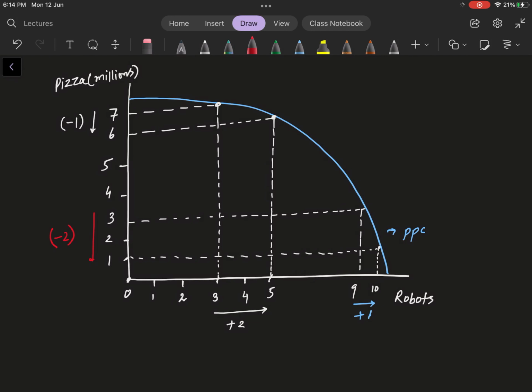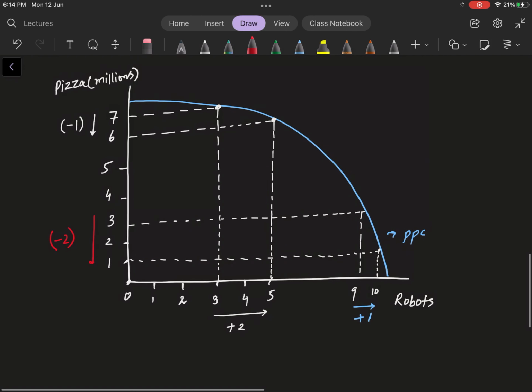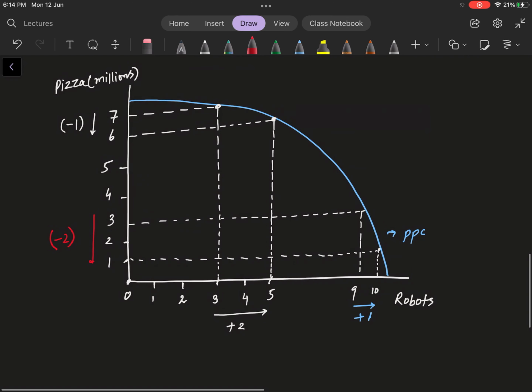However, when we move from 9 to 10, we have to give up more pizza. It's just an extra robot, unlike the previous 2 robots, but we have to give up 2 million pizzas instead of only 1 million. Previously, the per unit cost of a robot was half a million pizzas, but in this case, the per unit opportunity cost in terms of pizza is 2 million pizzas. So you can see as we move down the production possibility curve, the opportunity cost increases.